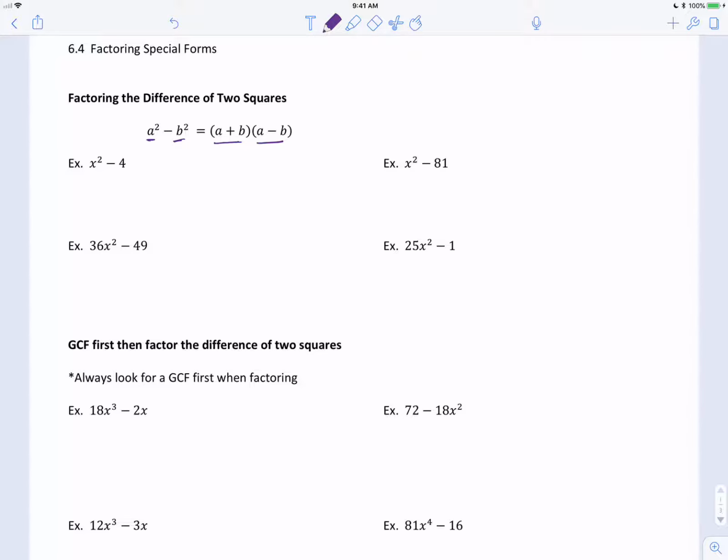So we're going to be given this part first, and we're going to know that if we've got two perfect squares on both sides, so they have to be perfect squares, and it also has to be a minus sign. If it is a plus sign, then it is prime.